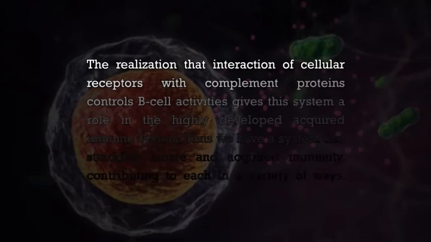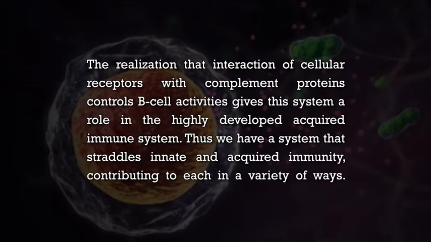By contrast, the realization that interaction of cellular receptors with complement proteins controls B-cell activities gives the system a role in the highly developed acquired immune system. Thus, we have a system that straddles innate and acquired immunity, contributing to each in a variety of ways.